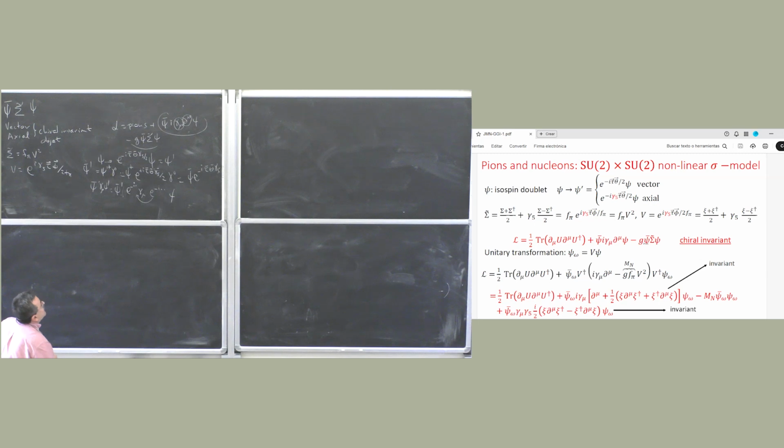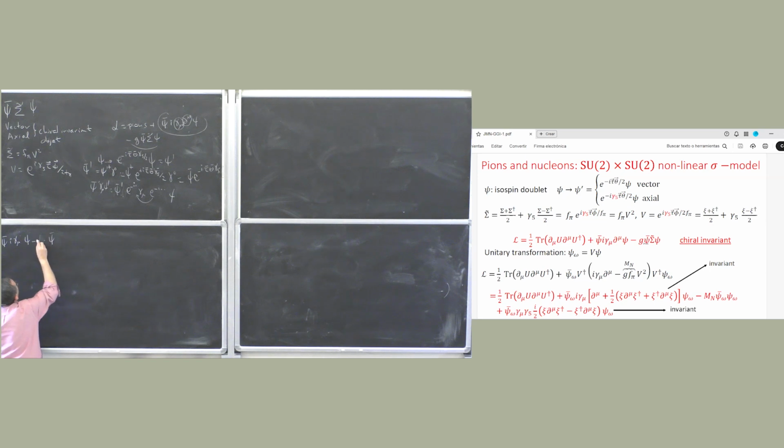Okay, so let me just pay attention to the baryons. So we have psi bar i gamma mu d mu psi minus g psi bar, and then this sigma tilde is f pi v squared.